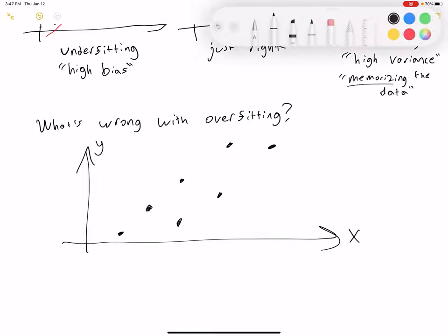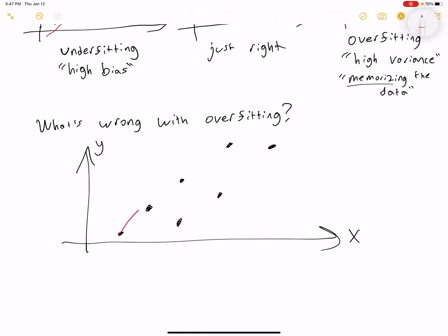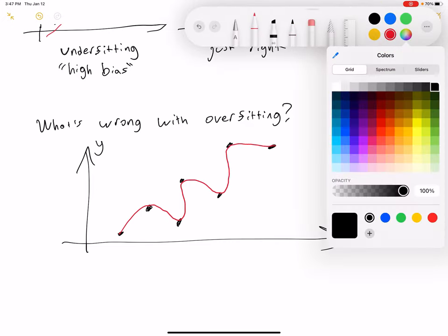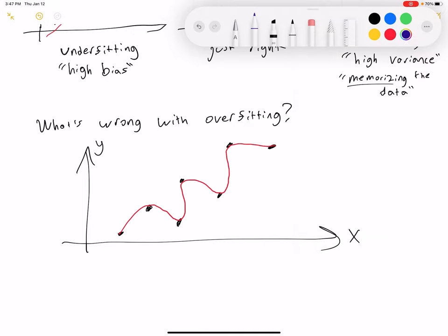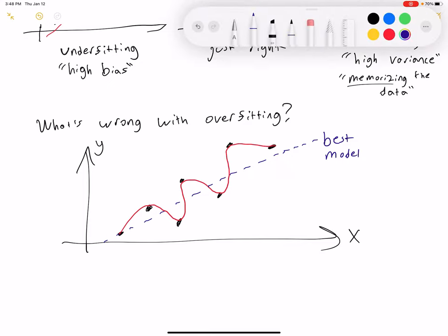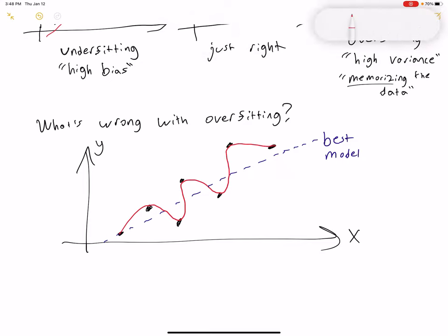Okay. So what would happen in overfitting is we would learn something like this, even though the best model might look like this dotted line. Let's label the red one an overfitted model.